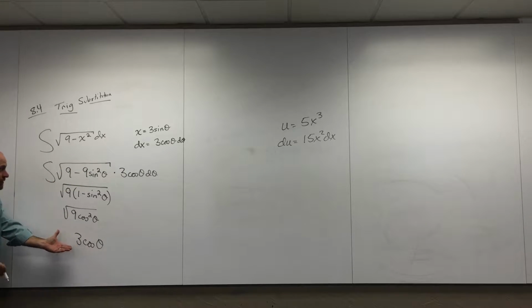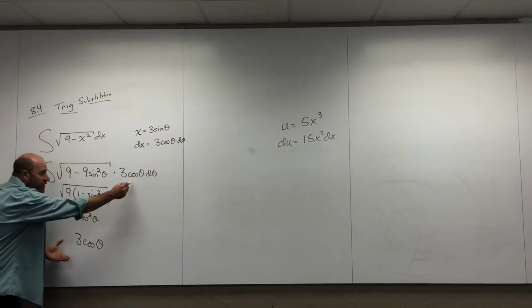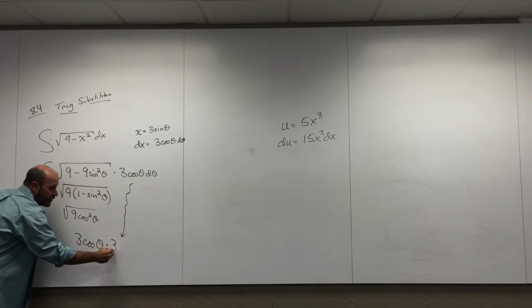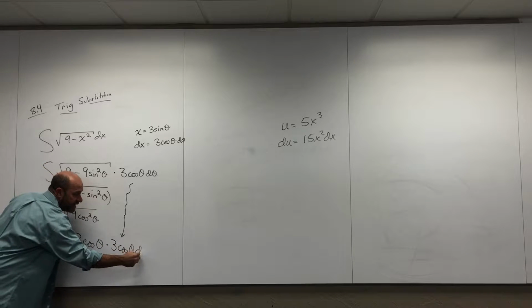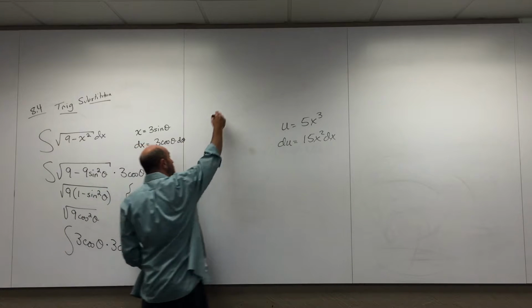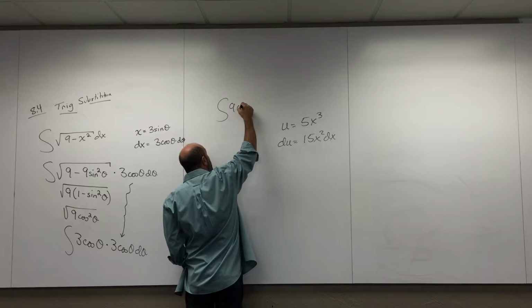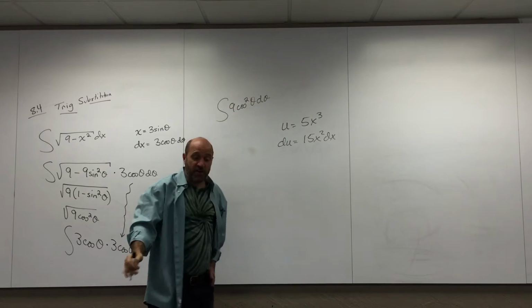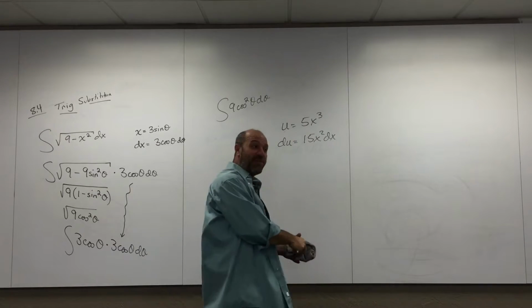Now wait a minute, let's not lose track of everything. This was still out here, so I'm still multiplied by a 3 cos theta d theta. There's still an integral symbol out in front. So now I'm integrating 9 cosine squared theta d theta. I sure am glad I studied section 8.3.